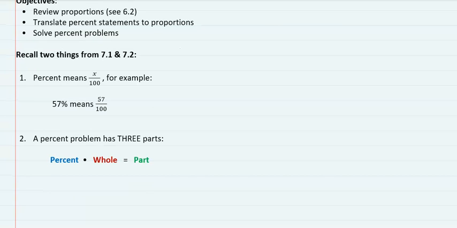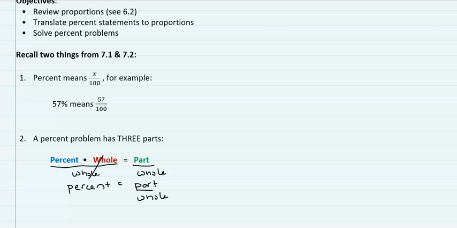Now think about what would happen if we looked at percent as a number per 100, and we divided both sides by the whole. It's going to divide out over here, and we get percent equals part per whole. And remember that percent can be per 100.